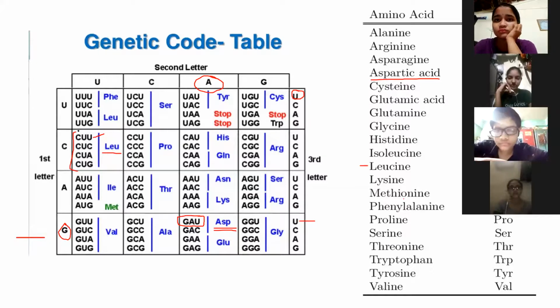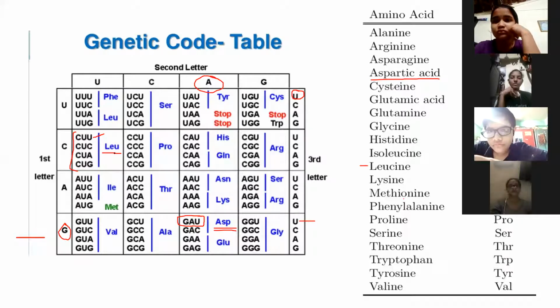Can you find CUU written anywhere else, coding for any other amino acid? No. So you understood the meaning? That is the point. An amino acid can be coded by more than one codon, but any codon codes for only one amino acid. That's a very important point.